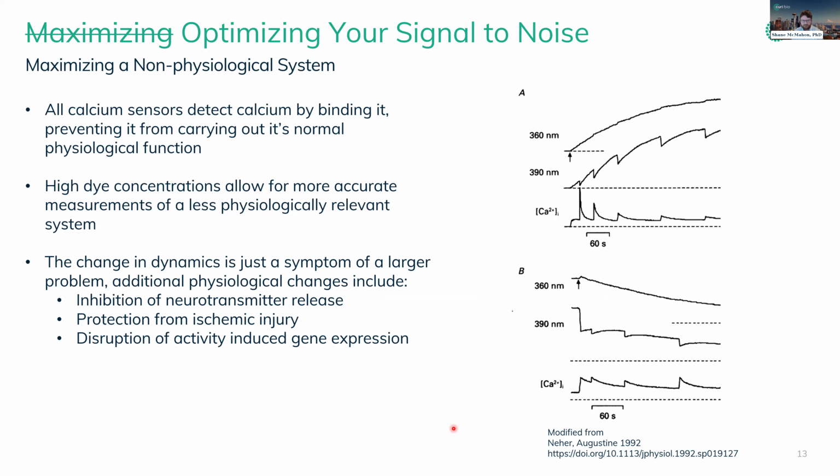I want to take a second to point out that we're optimizing our signal to noise. My goal is not to maximize the signal to noise. The reason for that is that all calcium sensors detect calcium by binding to it, and this prevents it from carrying out its normal physiological function. To illustrate that, I have a figure from Erwin Neher's paper in 1992 where he patched a cell first with a pipette containing dye, and we can monitor the calcium signals as the dye goes into the cell.